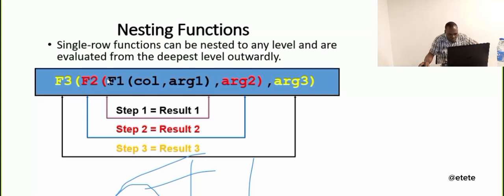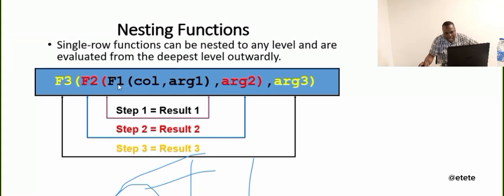So F2 will now, you can see the bracket is in red here. The output of F1 becomes the first argument of F2. So F2 has argument 1, argument 2. The output of F2 now becomes the first argument for F3.